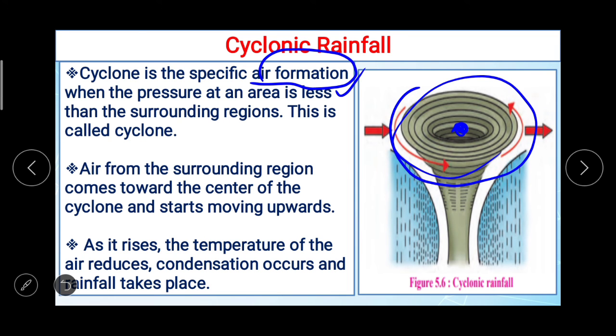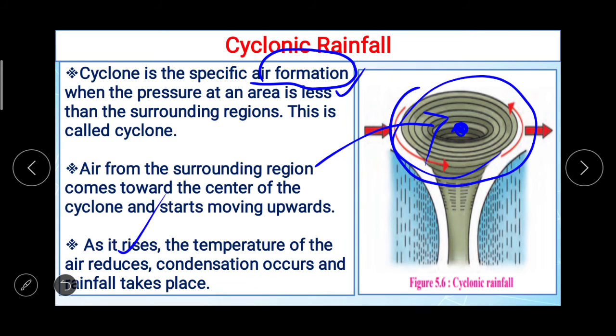Then the cyclone formed and air from the surrounding region comes towards the center of the cyclone and starts moving upwards. Now as it rises, the temperature of the air reduces and condensation occurs and rainfall takes place. So it rains in areas over which the cyclone passes.